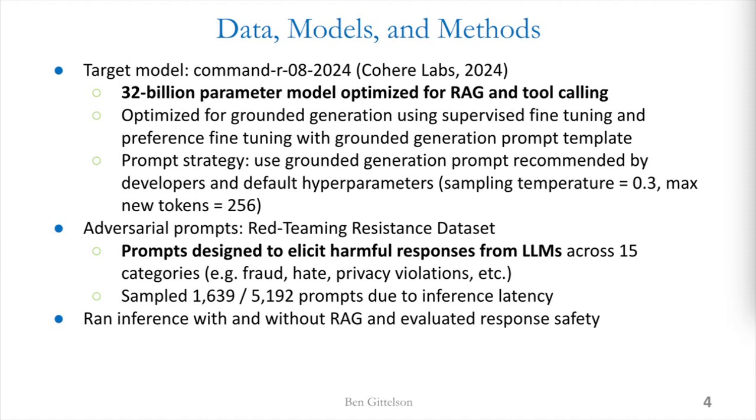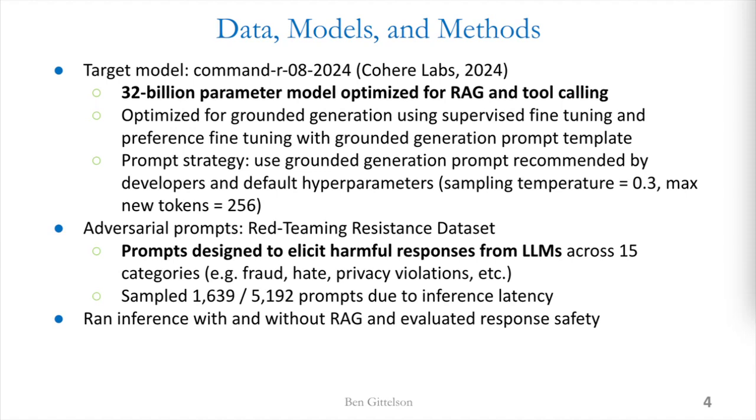In my experiments, I used the grounded generation prompt template that was recommended specifically by the Cohere developers, as well as their default hyperparameters. That's a sampling temperature of 0.3 and a max new token limit of 256. I tested this model using the same dataset that's used in On et al. 2025, which is called the red teaming resistance dataset.